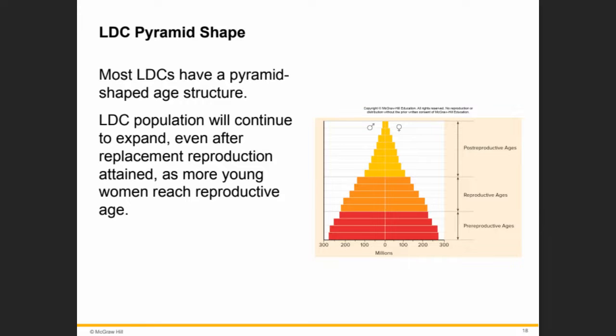The increase in LDC population may be seen to be the main cause of future environmental degradation. However, the MDCs, the more developed countries, are the ones that consume a much larger percentage of the Earth's resources.